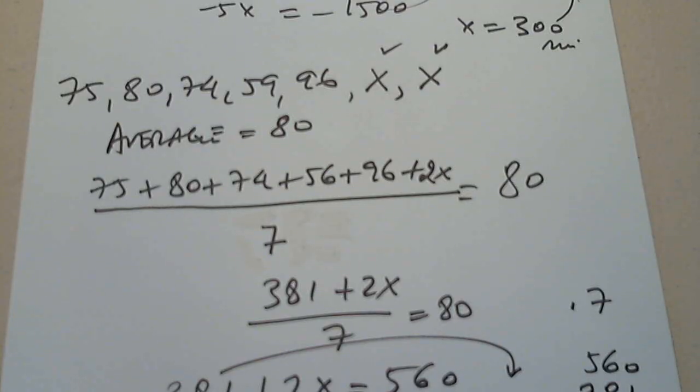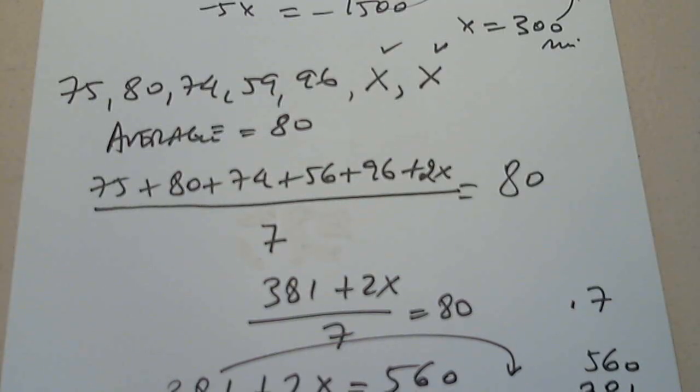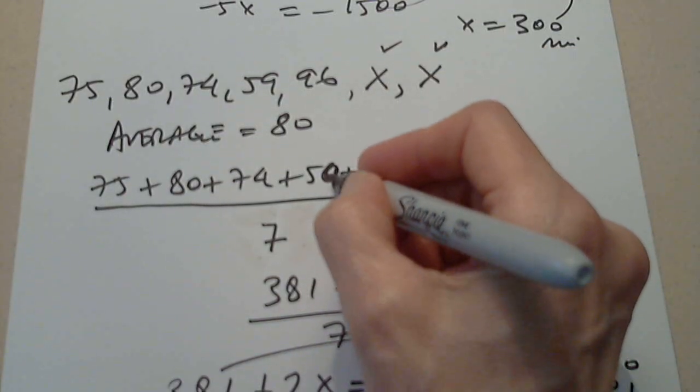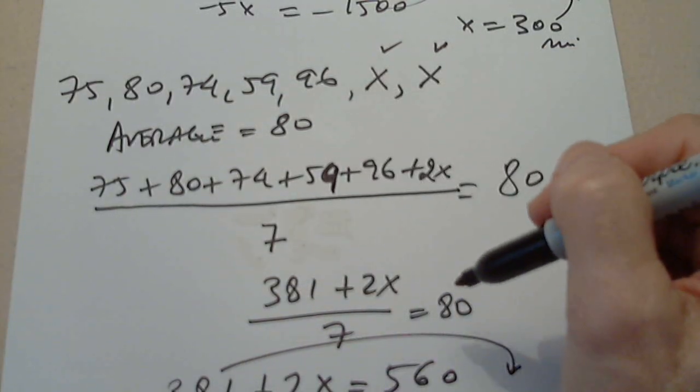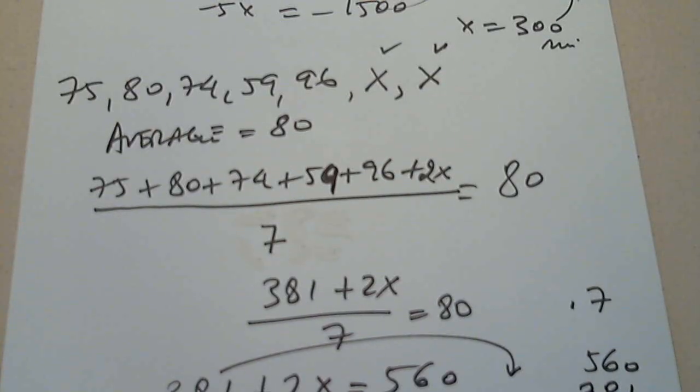80, 74, 56. 59. I'm sorry? Oh, I wrote 59. Sorry. Yes, you're right. It's 59 up here. So that's why.